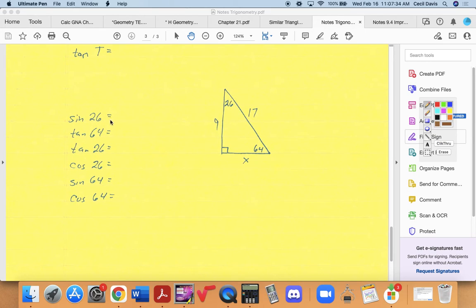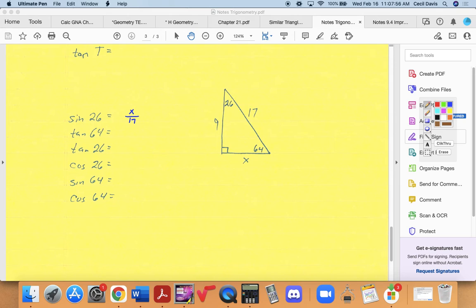So the sine of the angle that's 26, sine is what over what? Opposite over hypotenuse. Very nice. From the 26, what's opposite? X. And the hypotenuse? 17.